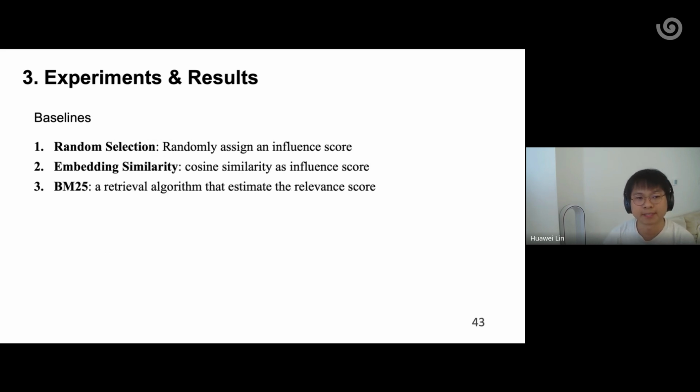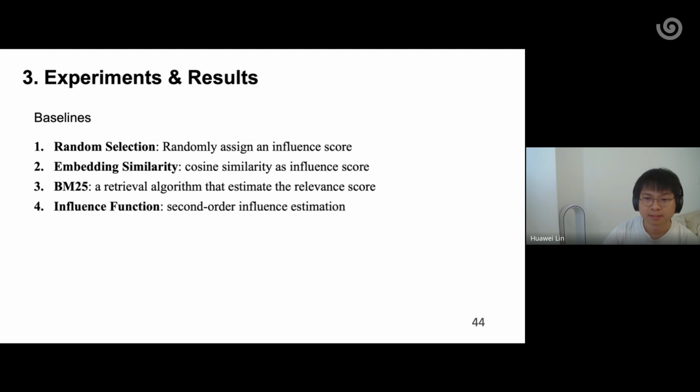BM25 is a retrieval algorithm that estimates the relevance scores between two documents. Then the influence function is the second-order influence estimation we mentioned before, and the checksum is a first-order influence estimation we also mentioned before. We compare our method with these 5 baselines.